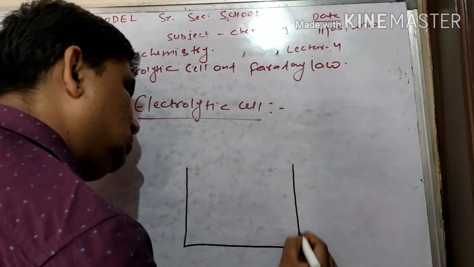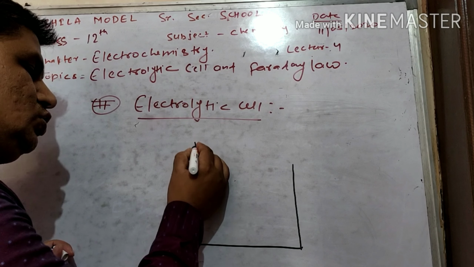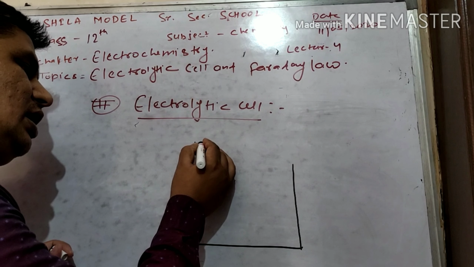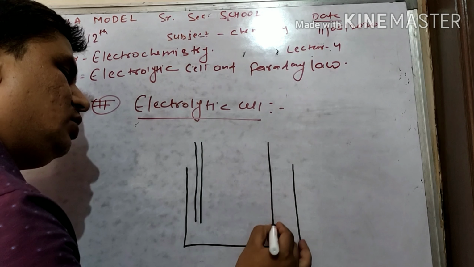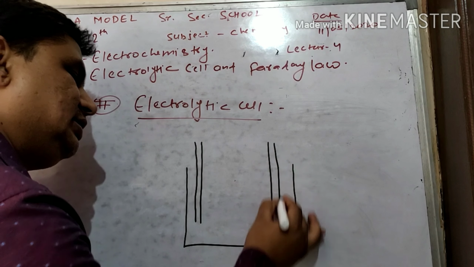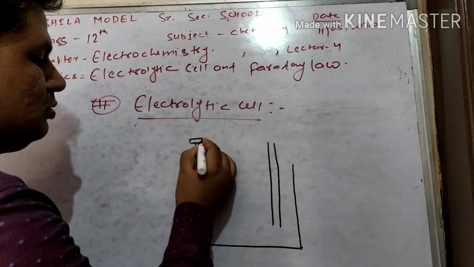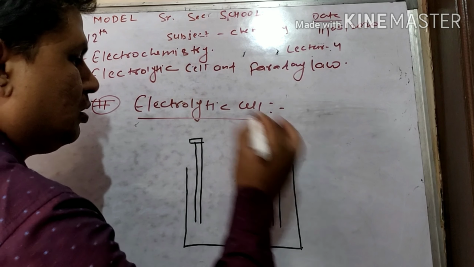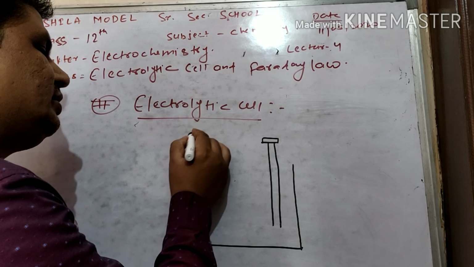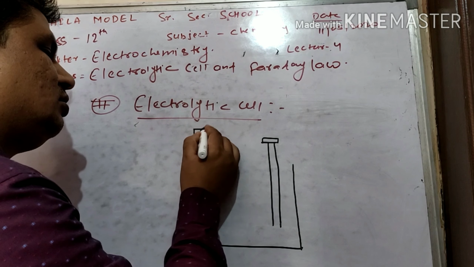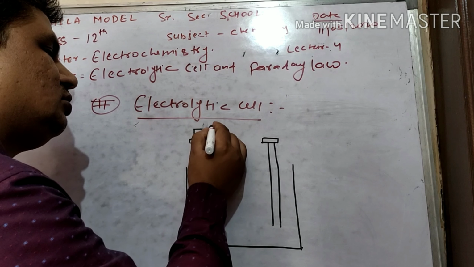Suppose this is an electrolytic tank in which two electrodes are immersed, one is anode and another is cathode. These electrodes are joined by an external circuit.